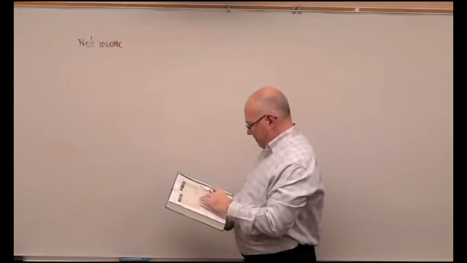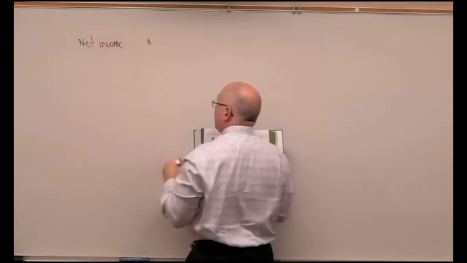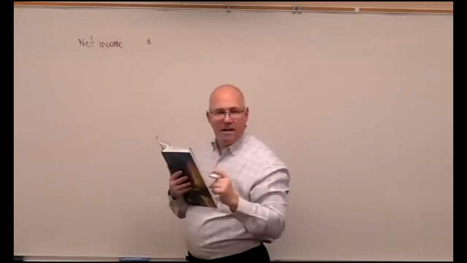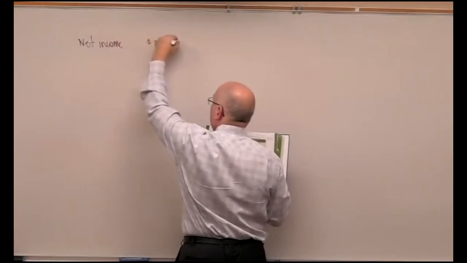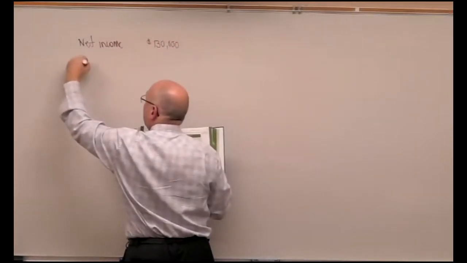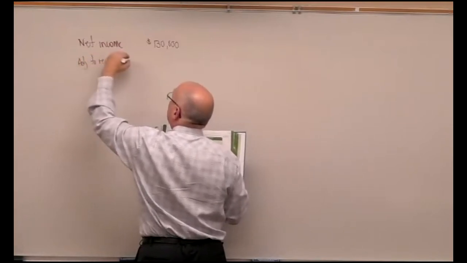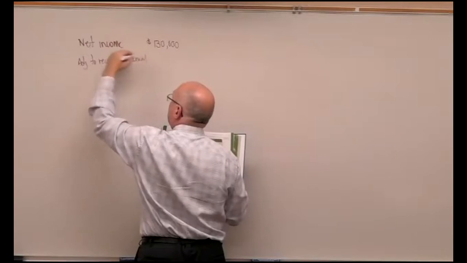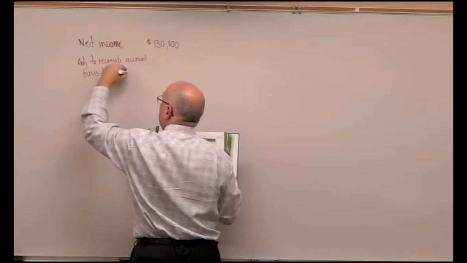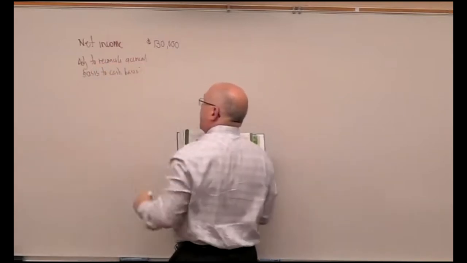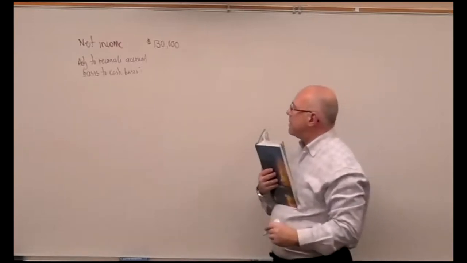How much was net income? $130,000. Then we have the adjustments necessary to reconcile accrual basis to cash basis.